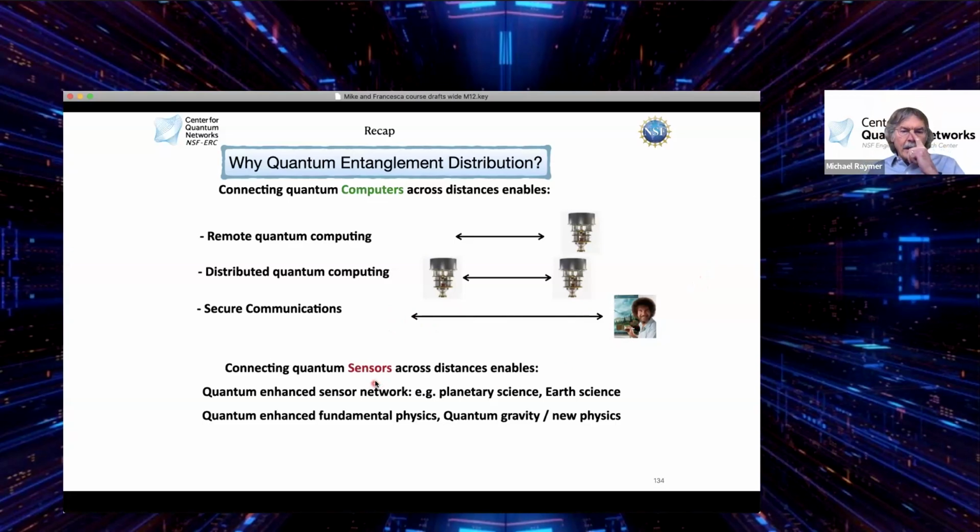Now, the second thing we mentioned earlier is quantum sensors. We won't talk about that in this course, but it's a whole large field. Quantum sensors, what does that mean? So what is a sensor? A sensor would be like a seismometer. So here's Earth science or planetary science. A seismometer is a machine that detects vibrations.